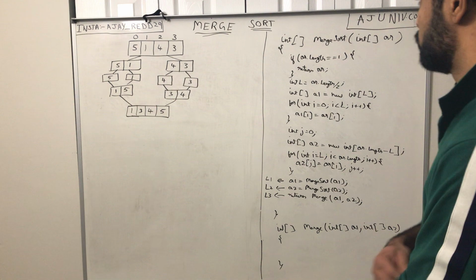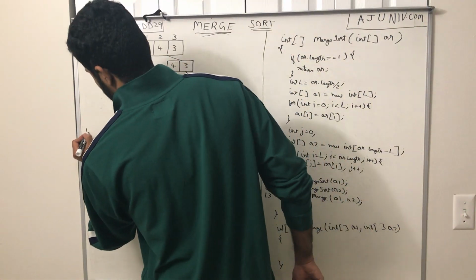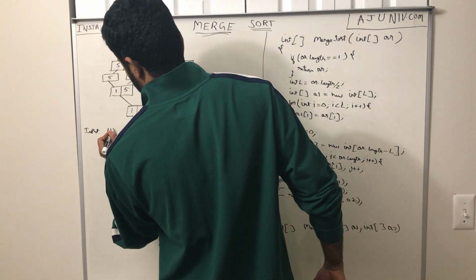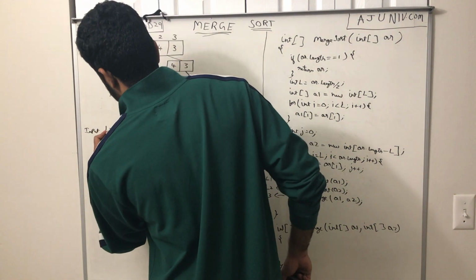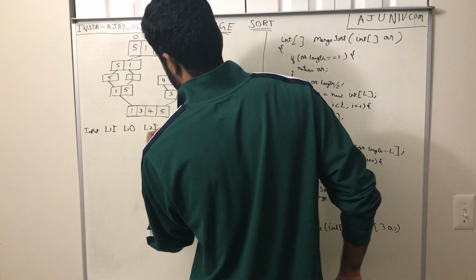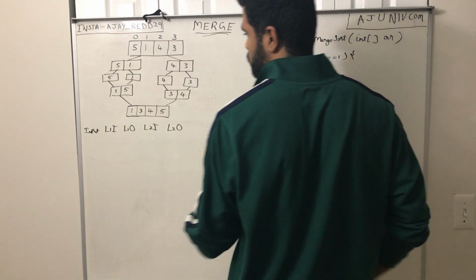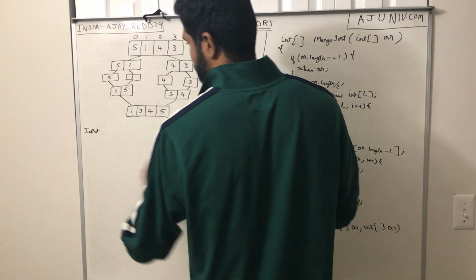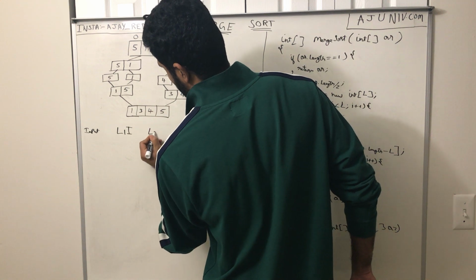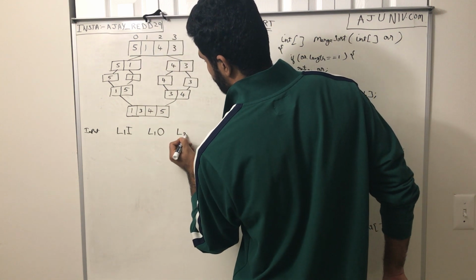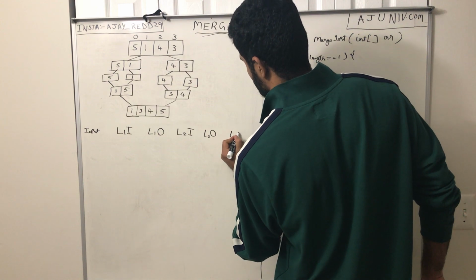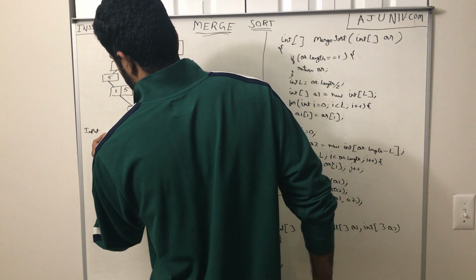Okay, so I will write: line 1 input, line 1 output, line 2 input, line 2 output, and line 3.